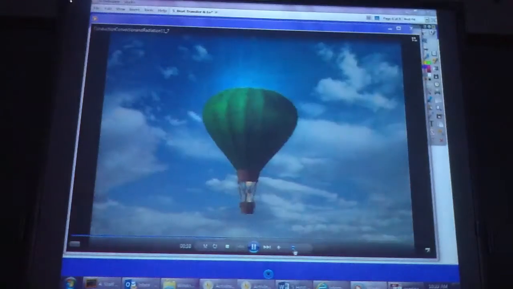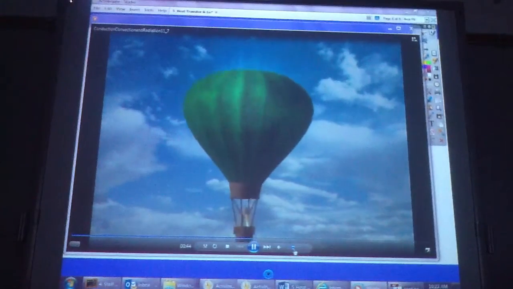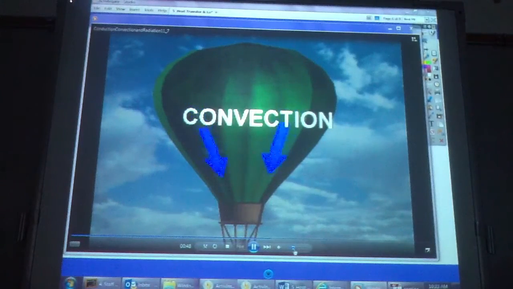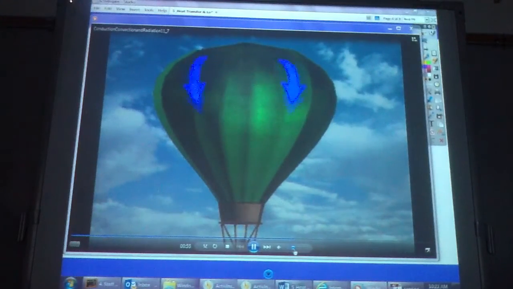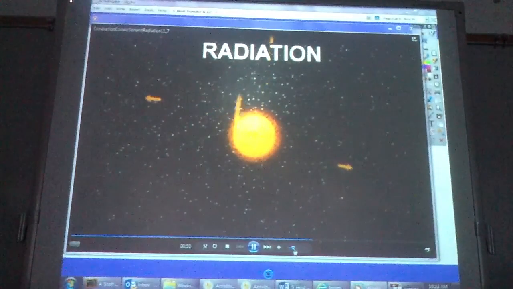The second method of thermal transfer involves fluids, materials that flow, such as air and water. This method is called convection. Energy is transferred when matter flows from one place to another. Heating the air in the balloon creates warm air flows that are forced upward by cooler air flows that fall. The third method of thermal energy transfer is radiation. An example of radiation is the energy we receive from the sun.